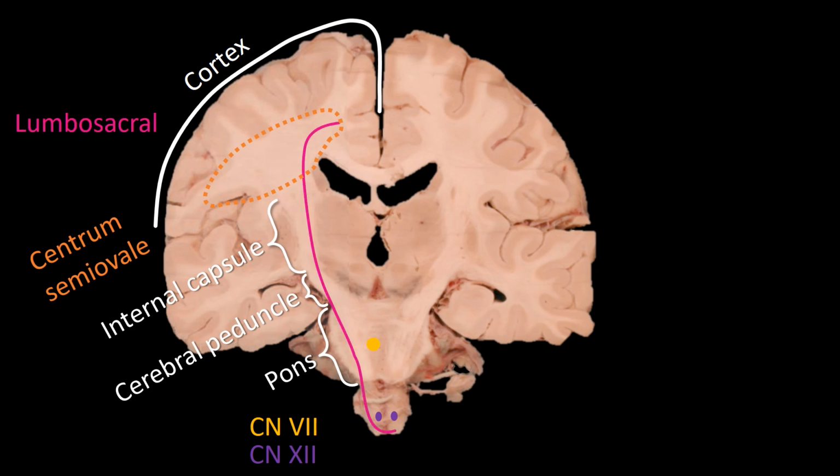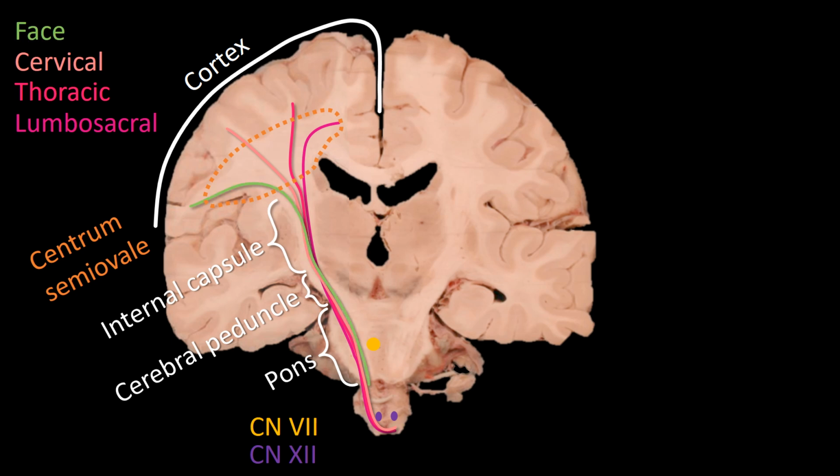I have now introduced the motor lumbosacral fibers, the thoracic motor fibers, the cervical motor fibers, and the motor fibers for the face, including the tongue. So, as you can see, the right facial motor nucleus upper segment is receiving fibers from the right hemisphere.